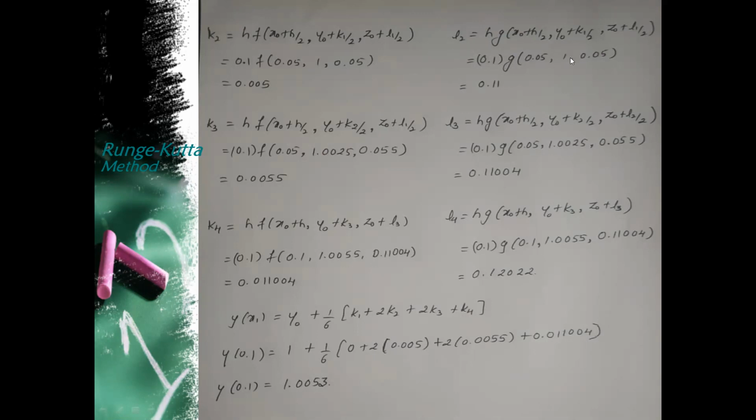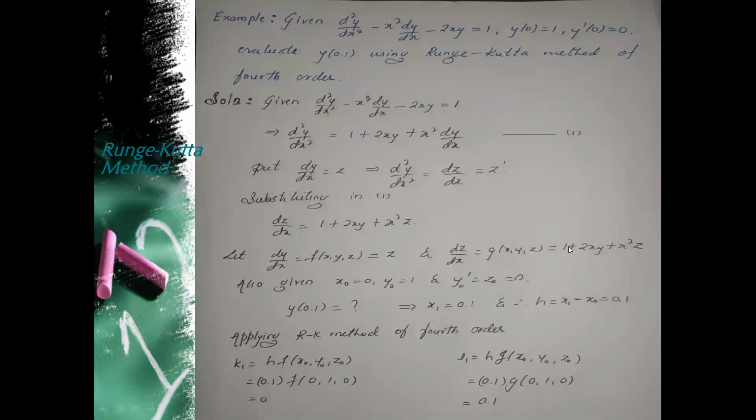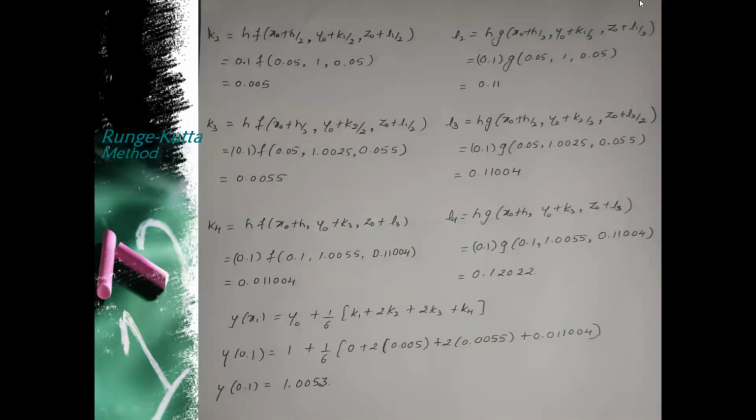Now the function is 1 plus 2xy plus x square z. In this, give the values of 0.05, 1 and 0.05 as x, y and z, and then multiply by 0.1. We get the value of L2 as 0.11.